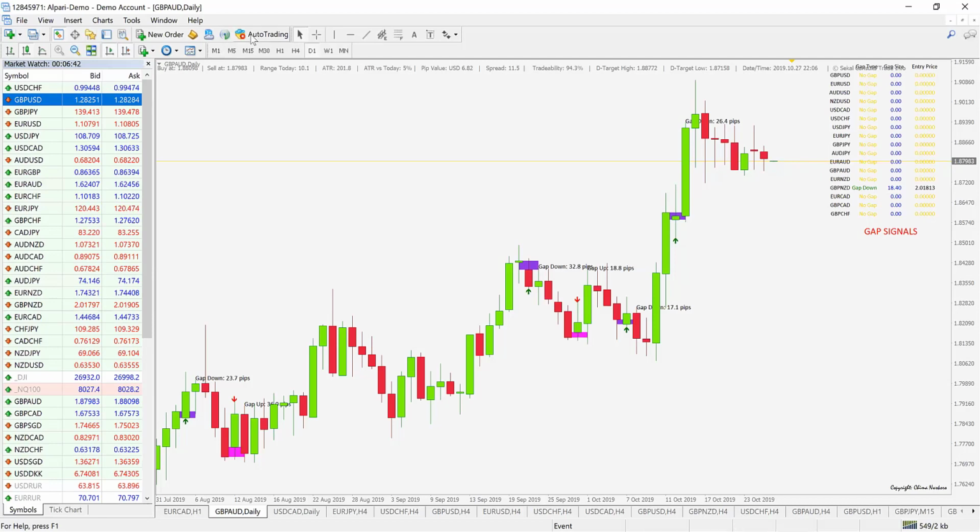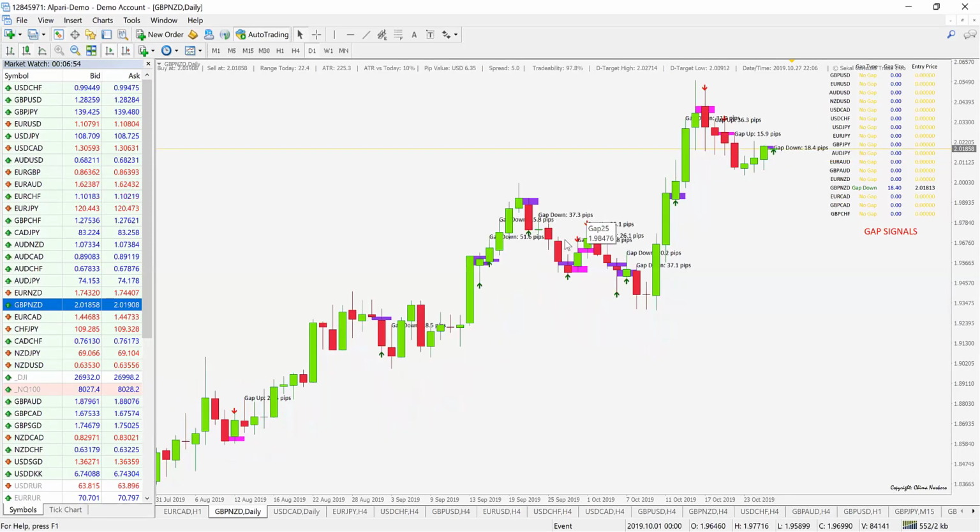So you can see here, if I did this now, that should trigger a trade, shouldn't it? GBP NZD, that should trigger a trade. Oh, it doesn't have the EA on it.